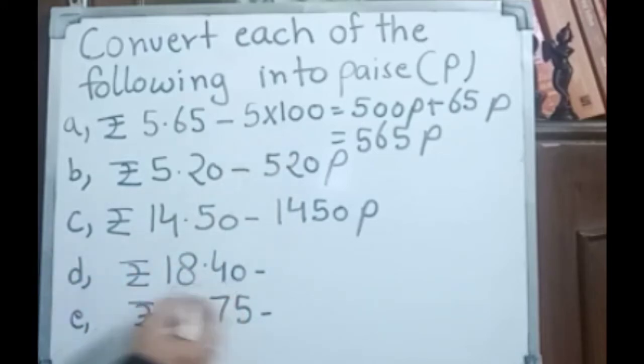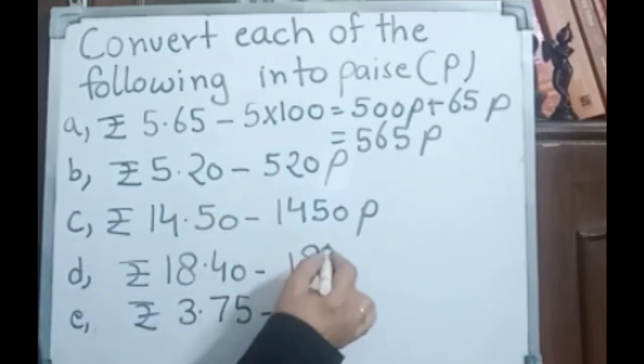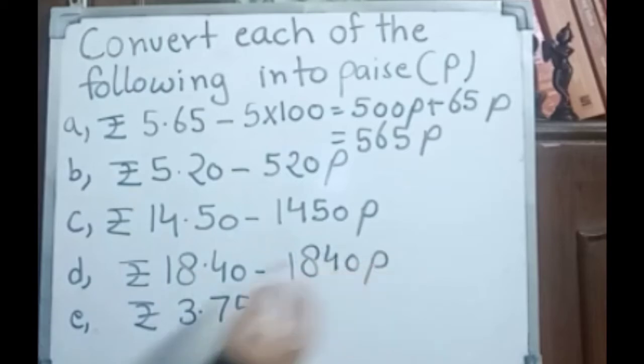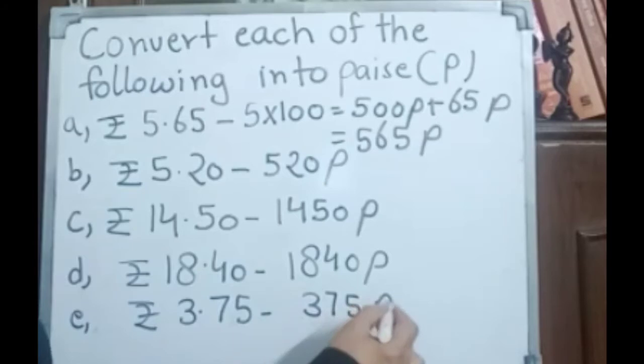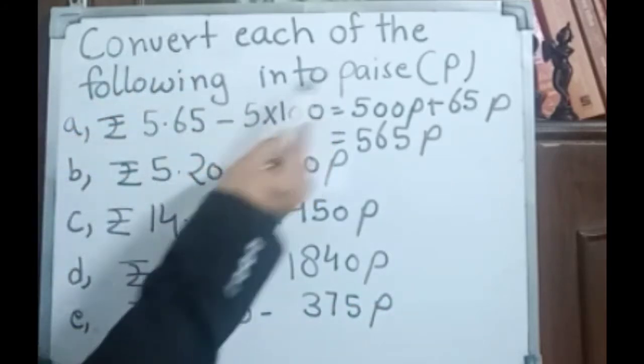Again the amount will be the same. So remove the dot: 1840 paisa. Now here we have rupees 3 and 75 paise. Remove the dot: 375 paise.